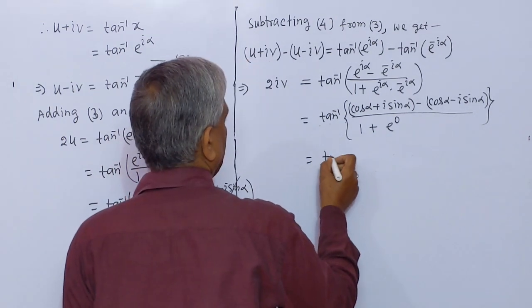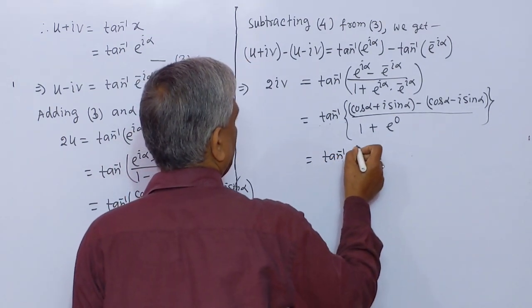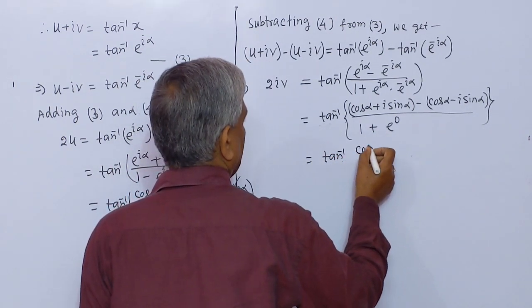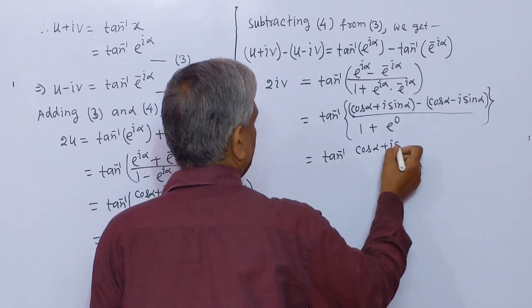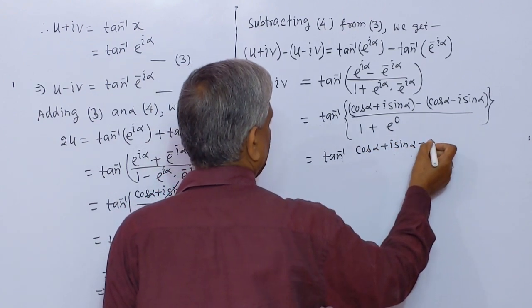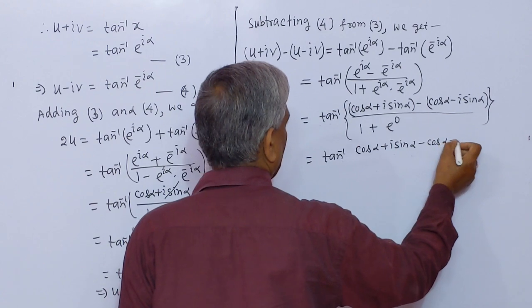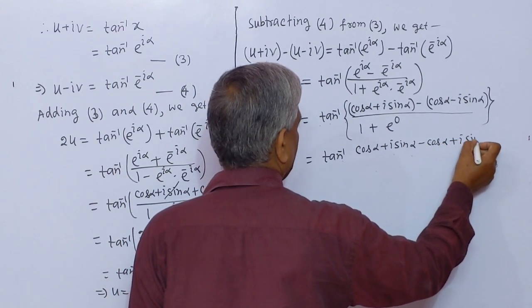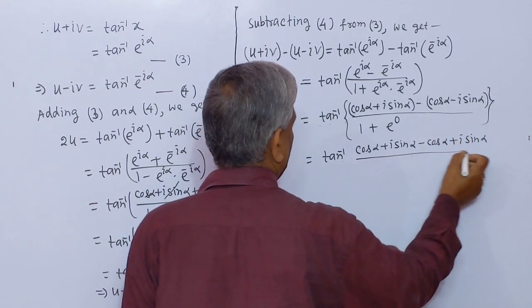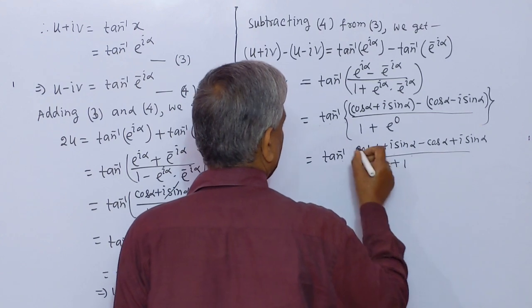This is equal to tan inverse of cos alpha plus i sin alpha minus cos alpha plus i sin alpha by 1 plus 1.